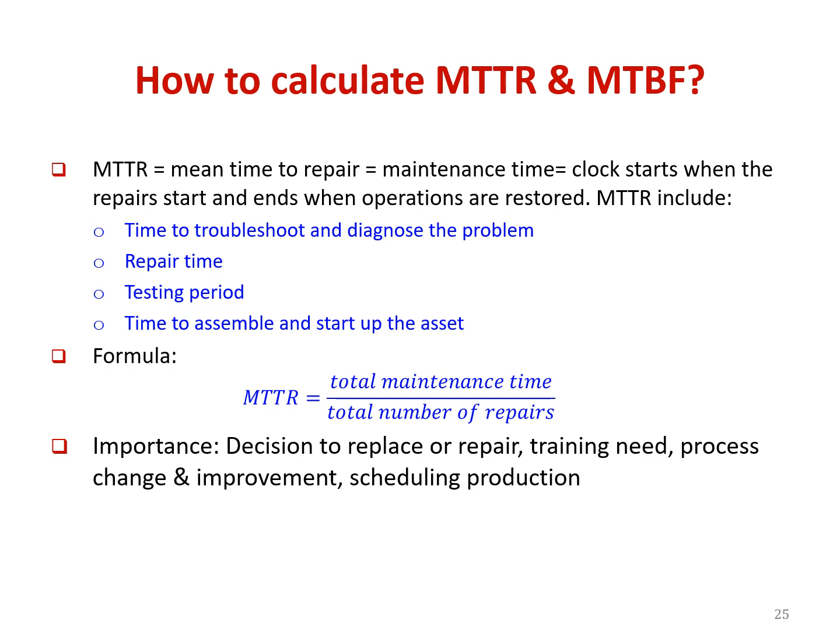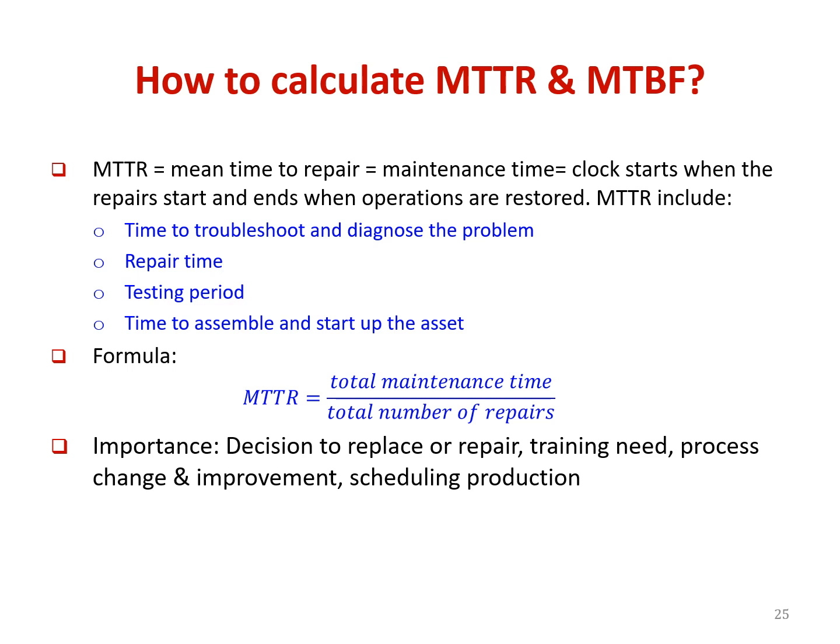Next we will learn how to calculate or determine the MTTR and MTBF so that we are able to evaluate the availability just now. Like I said, MTTR is mean time to repair. It is also equal to maintenance time. It means the clock starts when the repair starts and ends when operations are restored, when normal operations can resume.